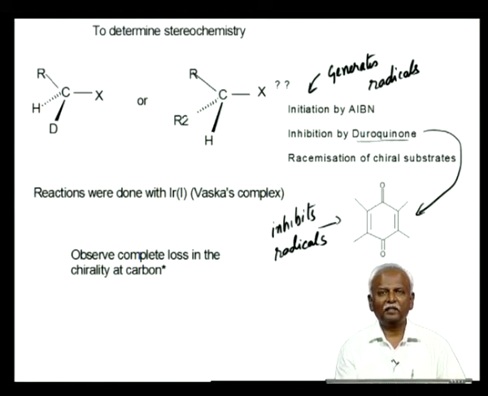So, this clearly indicated that there was a radical nature to this whole reaction, and that would easily explain why chiral substrates were racemized.